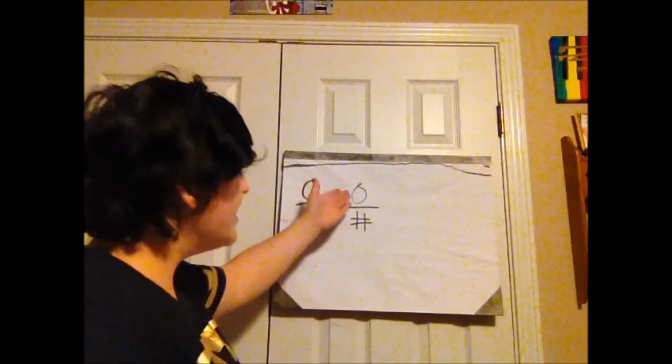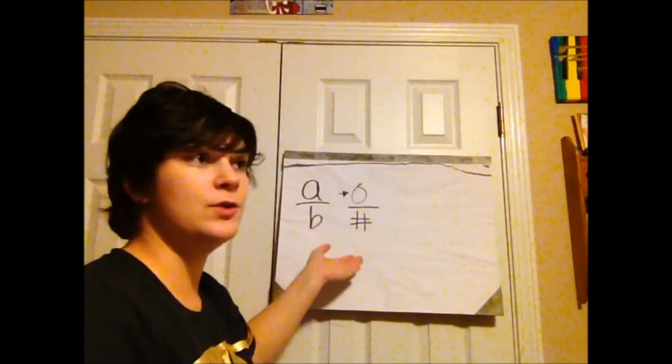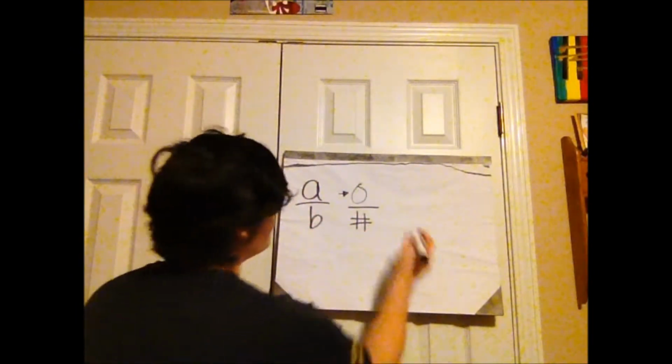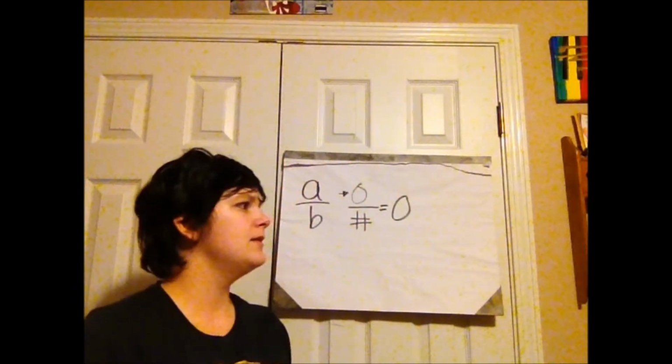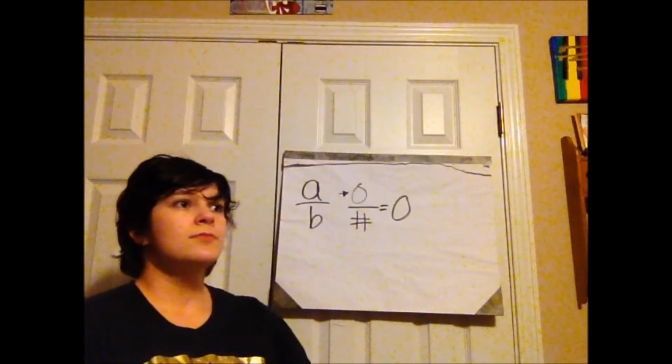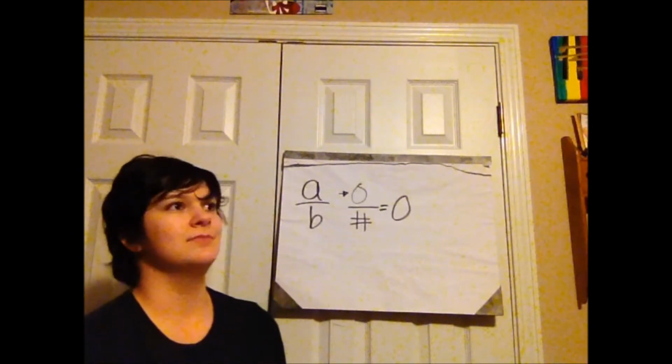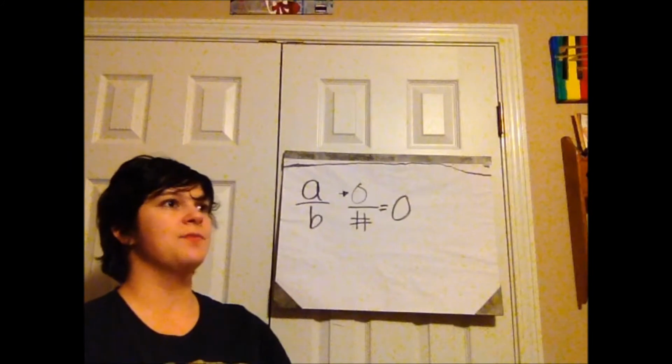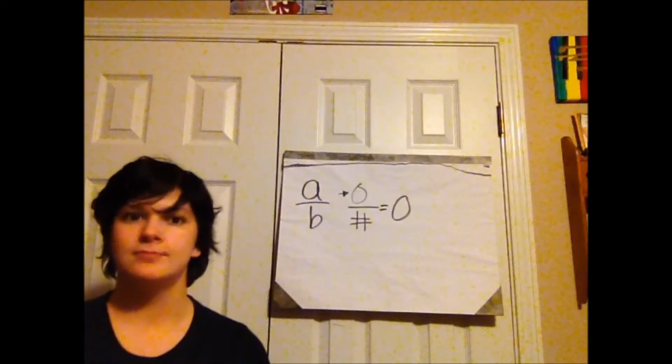Now, this would give you 0, because 0 divided by a number will always be 0. You know? A number times 0 is always going to be 0.